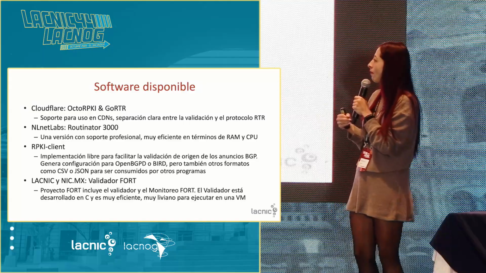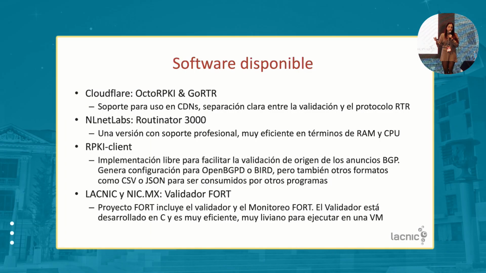But if I am an internet service provider that receives a very large number of routes from different autonomous systems, I have different interconnections, transit, peer connections, well, in that case, we would need to go ahead and implement a validation infrastructure. So from that full routing table, we can see what is the validity status of all of those networks.